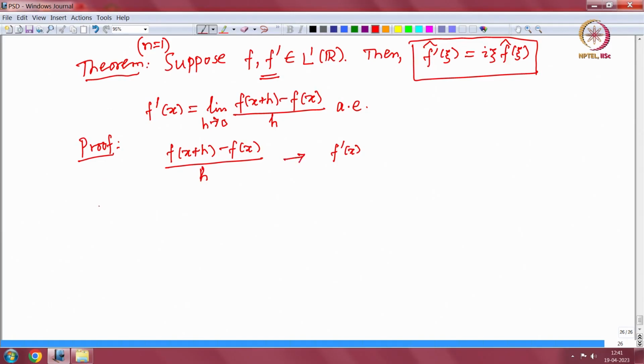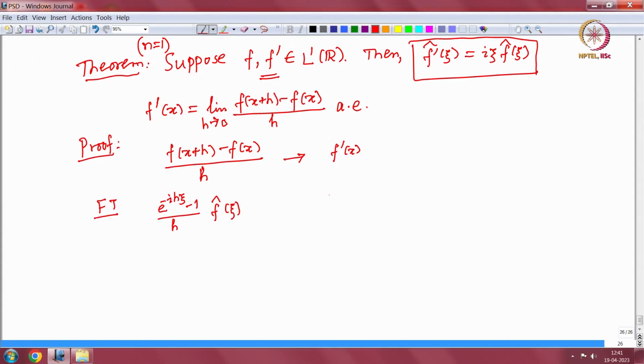So, now you take the Fourier transform. We have already seen that this is just translation. So, that gives me minus I h j, this is just minus 1 by h, and this is just f cap j.